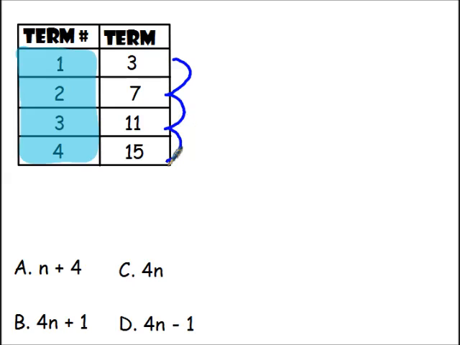How much does it go up by each time? 4. What do we do with the constant difference in the term number? We multiply them. 1, 2, 3, and 4. Each time we're going to multiply by 4.